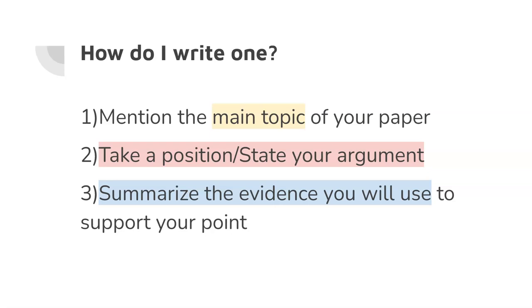And then I'm going to summarize the evidence I'm going to use to support my point. Now this one's a little trickier. We want to make sure that we're not listing our evidence, and we want to make sure that we're not giving too much information. So this is a little broad, but basically this is taking the core component of each main paragraph, your body paragraphs, and giving a little snippet to the audience.